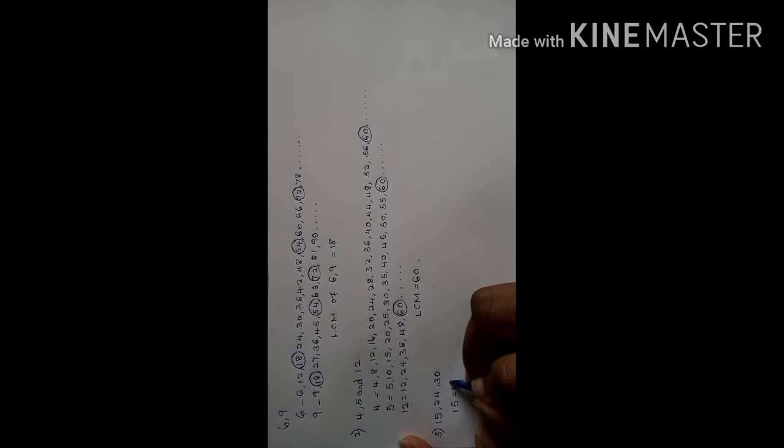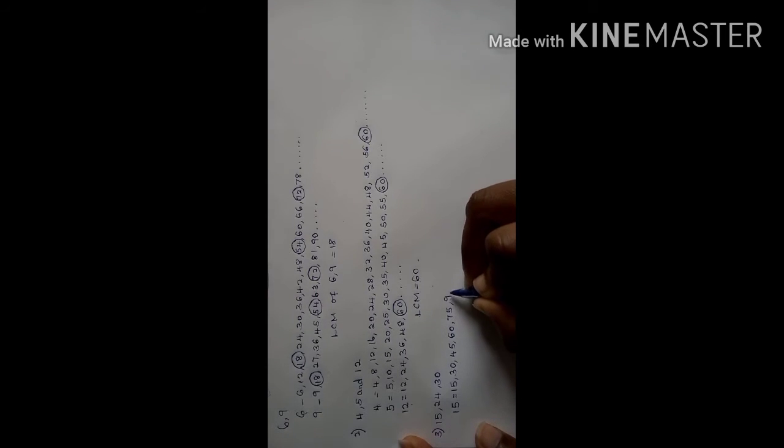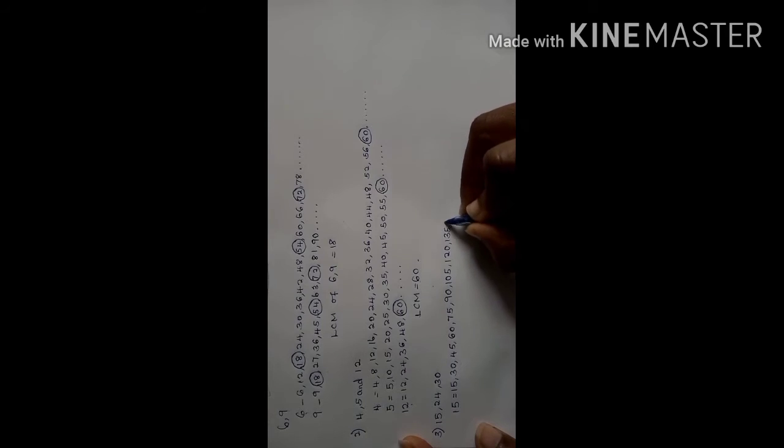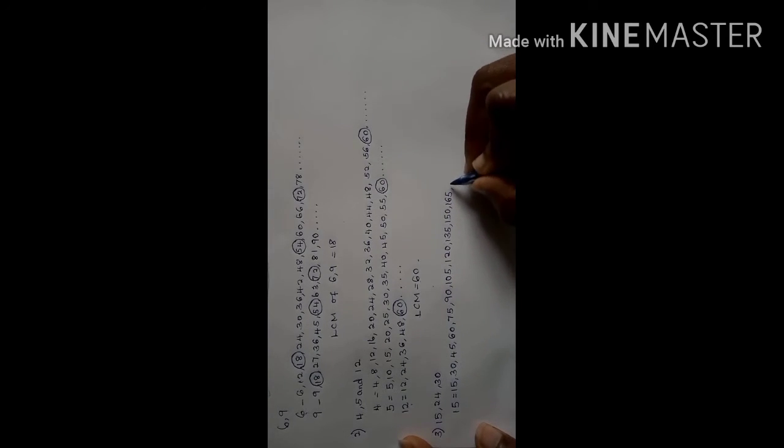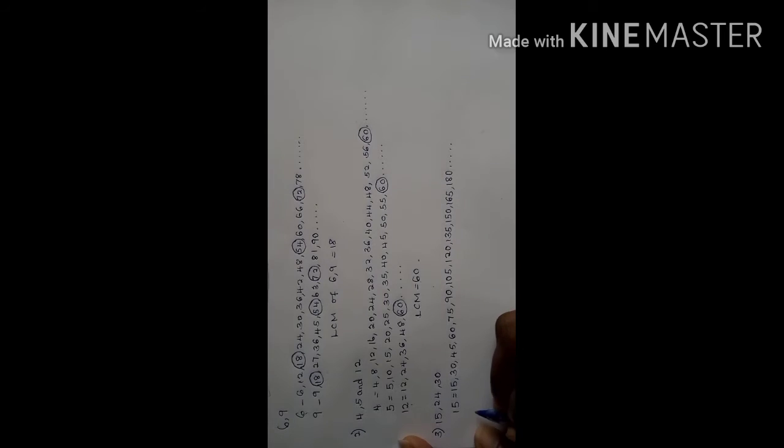So for 15, we have 15, 30, 45, 60, 75, count with me, 90, 105, 120, 135, 150, 165, 180, and so on.